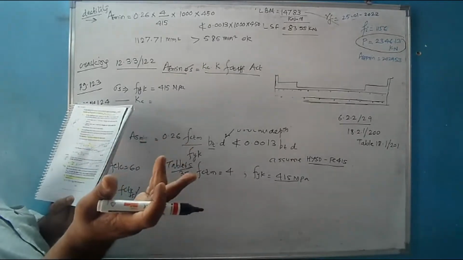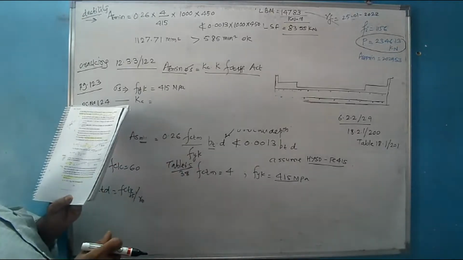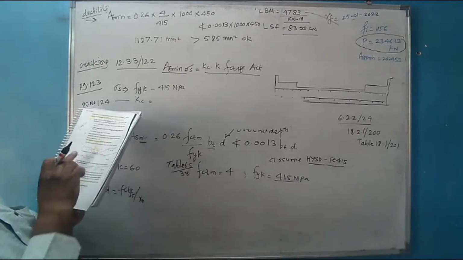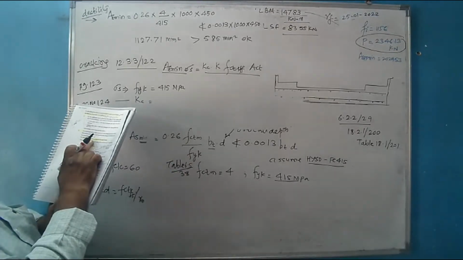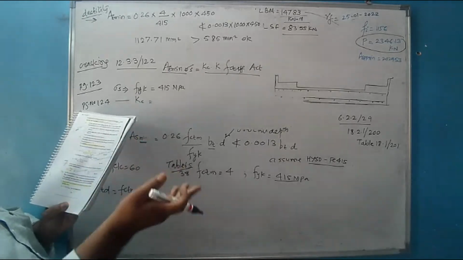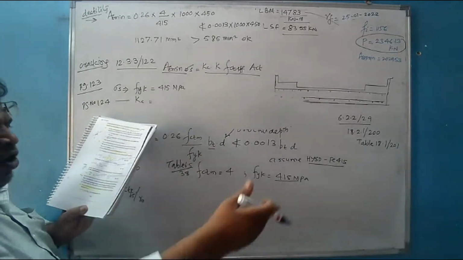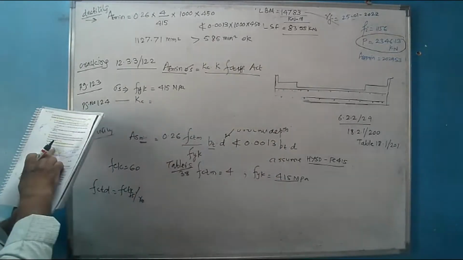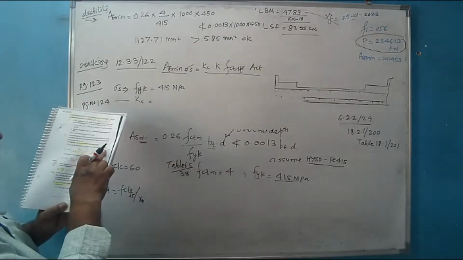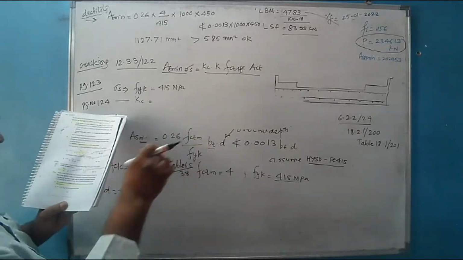But ours is not a pure tension member, ours is a flexural member. So for bending or bending combined with axial force, yes, this is our case. There is axial force also because it is pre-stressing, so there is axial force and bending both. For rectangular section and web of the box or T section, yes, this is our case, it is a rectangular section.